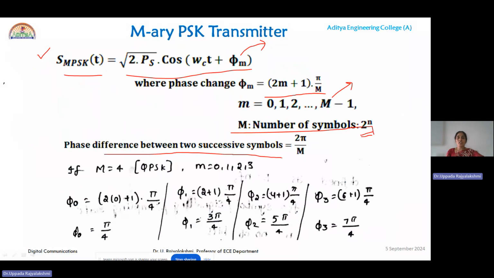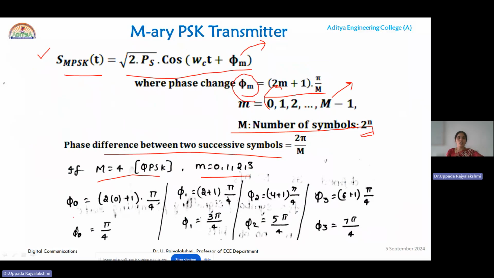The phase difference between two successive symbols is 2 pi by capital M. For example, let us take QPSK, where capital M is equal to 4. So small m will be 0, 1, 2, 3, giving 4 combinations. Let us substitute the values 0, 1, 2, 3 of m respectively to evaluate the phase change.